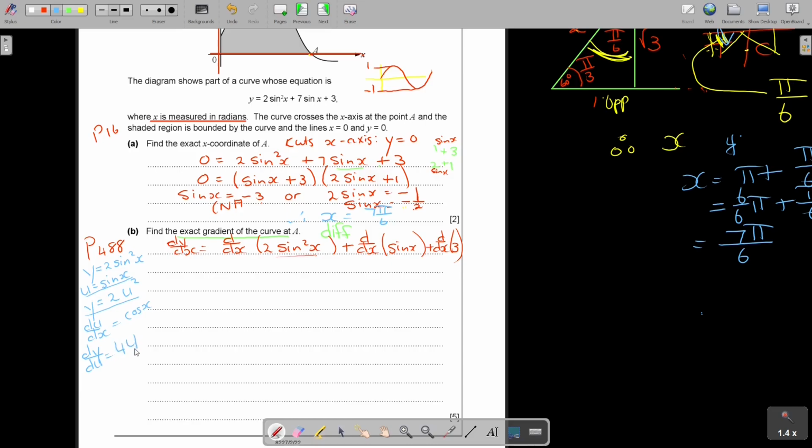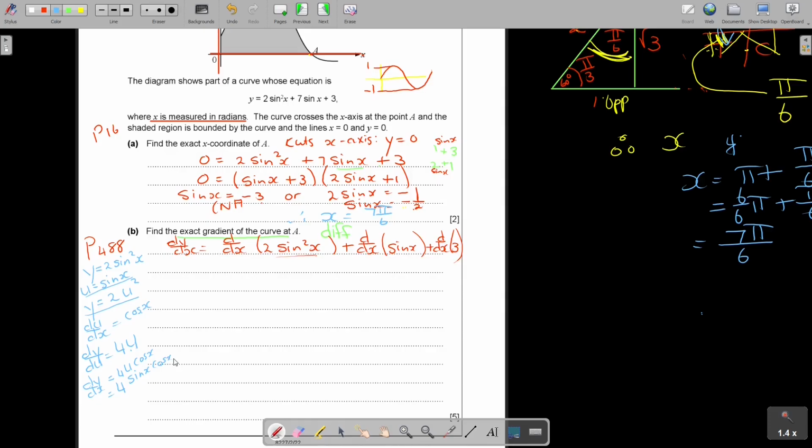And now if I multiply, dy over dx is going to be 4u cos x. So it's 4, and what is u? Don't forget, u is sin x. So it's 4 sin x cos x.